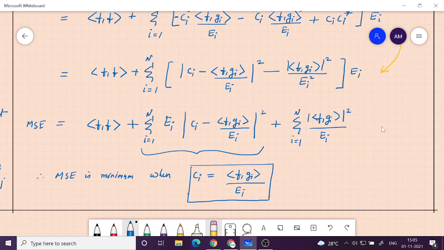There are n terms here, but each term will be individually 0 if I take each constant like this. So each constant is found as F inner product with that particular function in the orthogonal set divided by the energy of that particular function in the orthogonal set. So let me write, Ei is basically Gi.